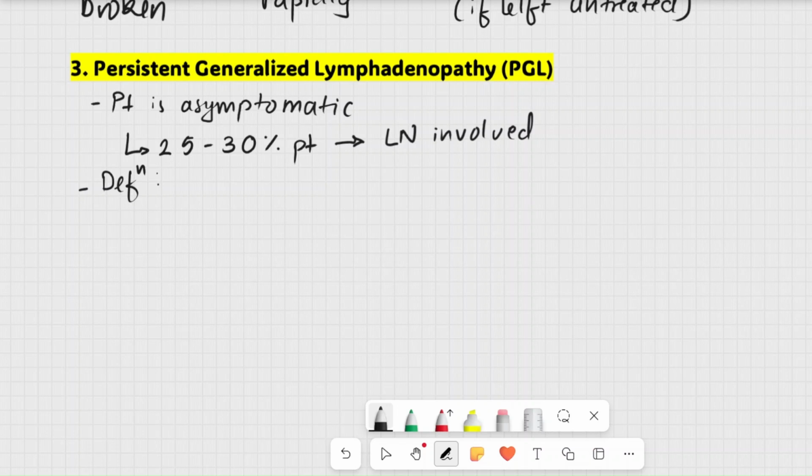So you are going to say that if the lymph nodes are enlarged, how much enlargement?